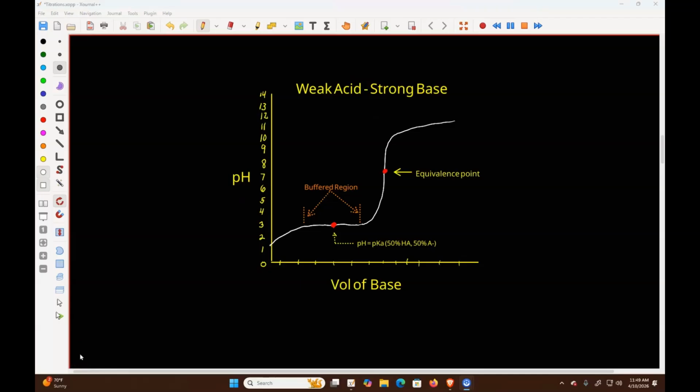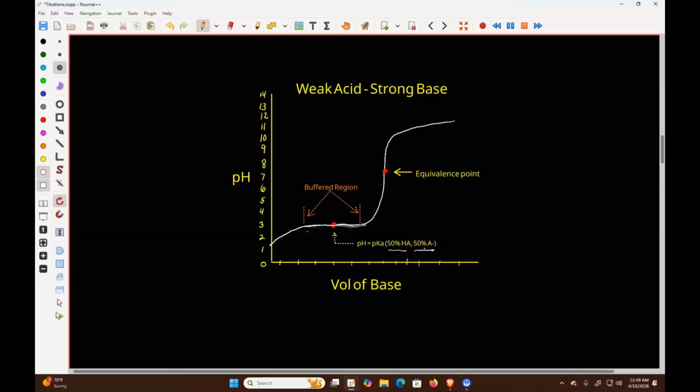Again, I have a weak acid, strong base, and I want to point out something called the buffer region. Initially it goes up, then it kind of flattens out in this area here. As it flattens out, we call this the buffer region. And midway through this buffer region, the pH equals the pKa. That means that I have 50% HA and 50% A-.